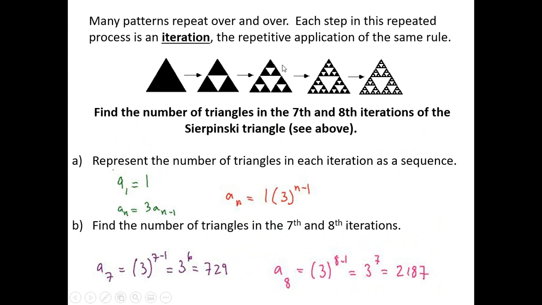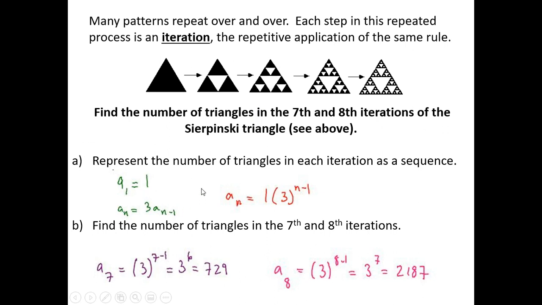All right. Many patterns repeat over and over. Each step in this repeated process is an iteration, a repetitive application of the same rule. I already got the answers here for you. Find the number of triangles in the 7th and 8th iterations of the Sierpinski triangle. So here we have 1, and then 3, and then 9.